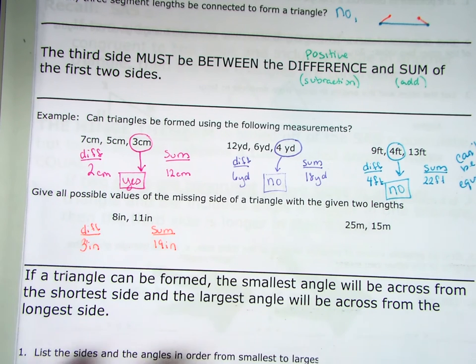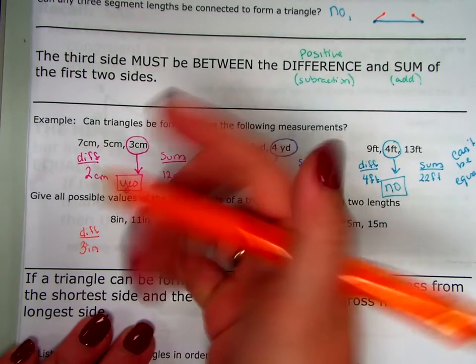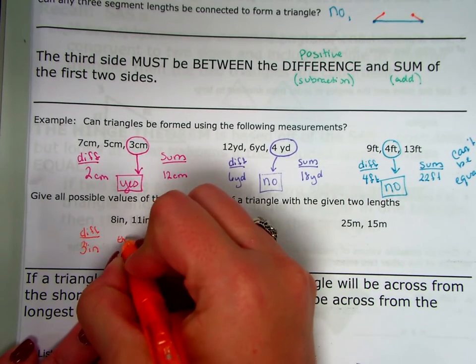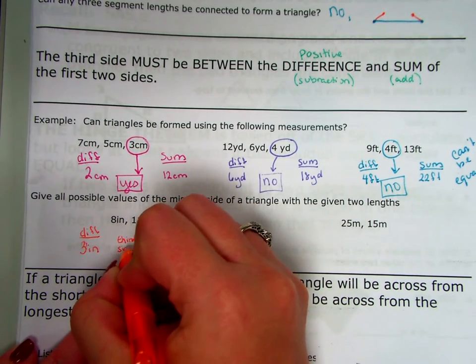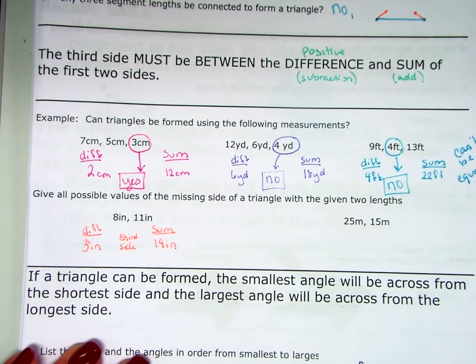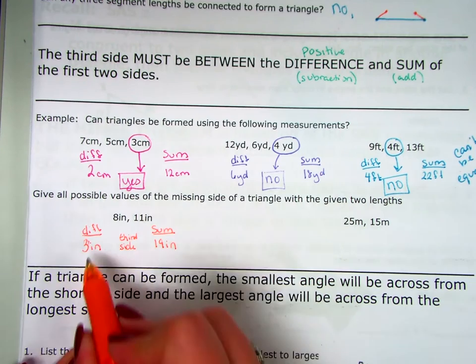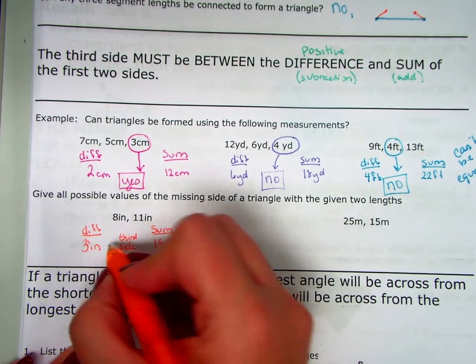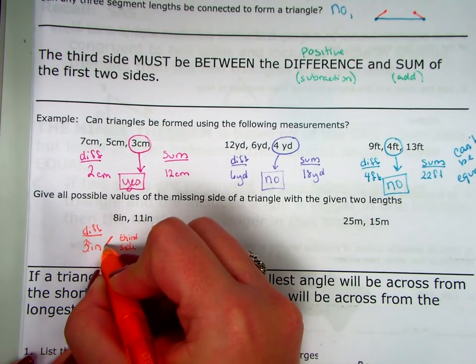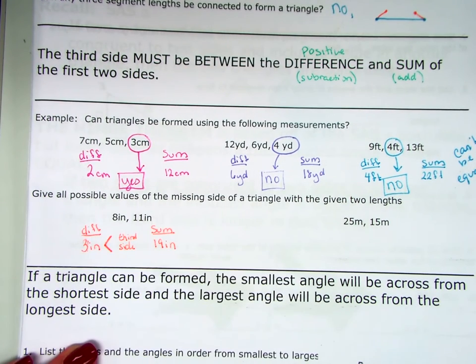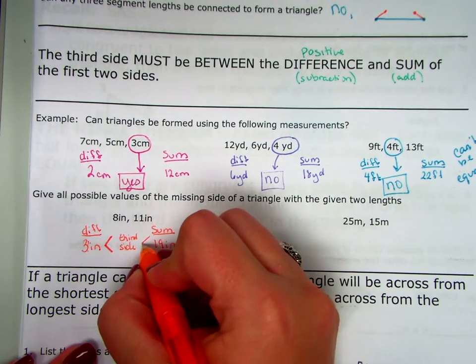So what we do is we say our third side has to be bigger than 3, right? So that means 3 has to be smaller than the third side. The third side has to be smaller than 19.